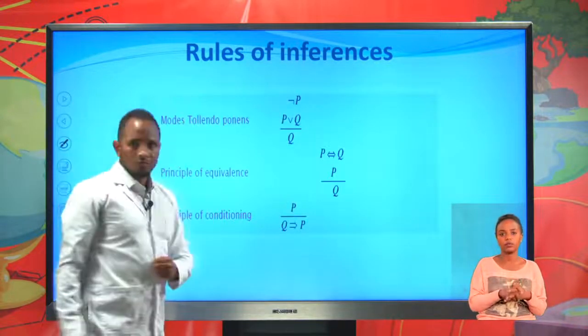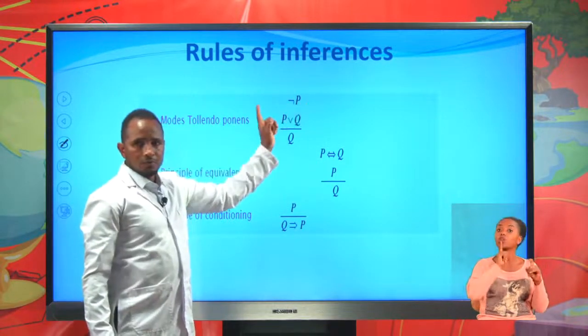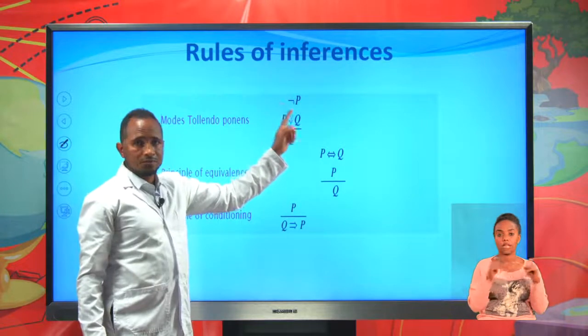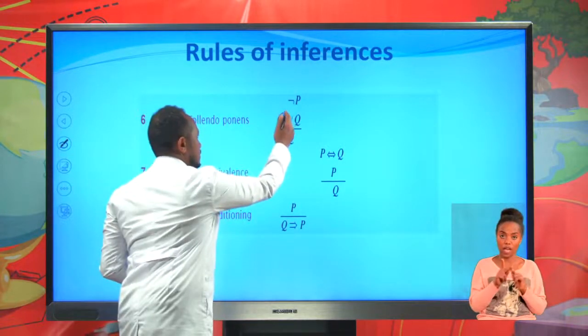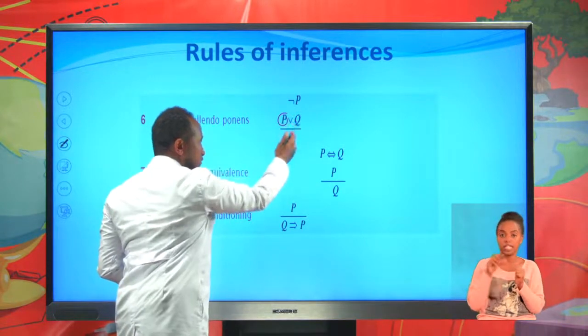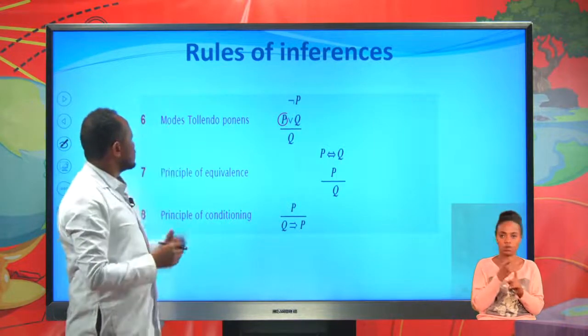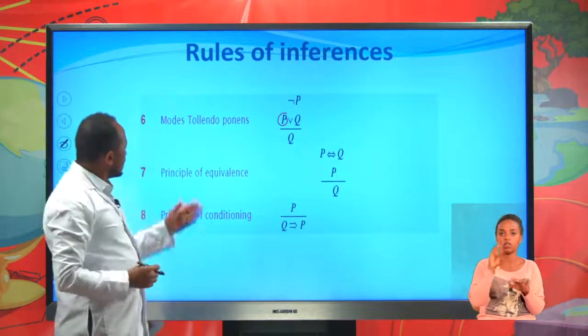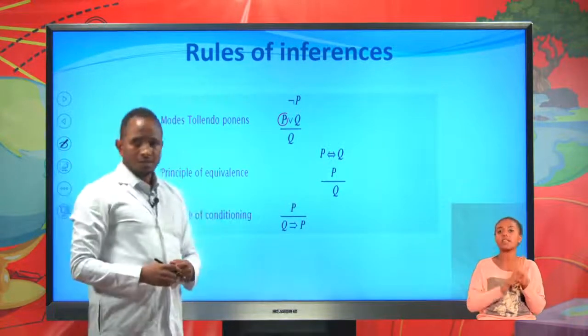The other rule of inference here: negation of P is true, which means P is false. Here P is false, so Q must be true for the statement P or Q to be true. Therefore, the conclusion is Q. It's valid. The other one, the principle of equivalence.